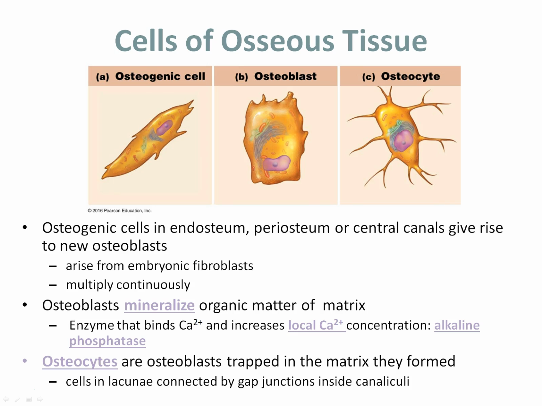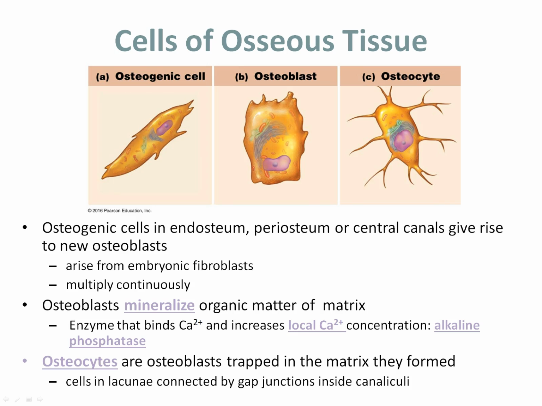This allows calcium to mineralize or crystallize on top of the organic collagen. This enzyme is called alkaline phosphatase, so it helps with the mineralization process, and osteoblasts are what produce that enzyme.